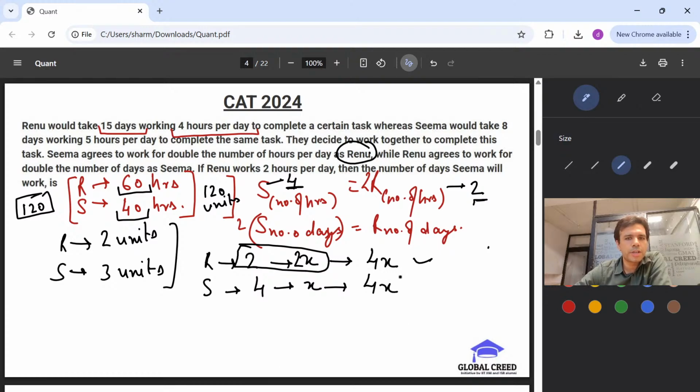तो Renu ने 4x work किया, Seema ने 4x work किया, because these many hours इन लोगों ने काम किया है, और Renu per hour 2 units करती है.